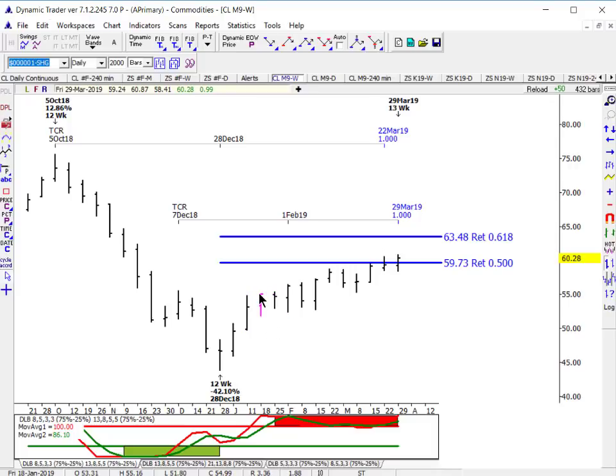We've really made 3 of them over the last couple of months. All 3 of those have just resulted in sideways trading for 2 to 3 weeks. More than likely this one is going to be at a higher time frame than that, partly because last week was a 100% time retracement of the decline. You can see that in the same amount of time, 12 weeks, we lost 42%, and in the 13 weeks since then, we've only regained about 50% of that loss.